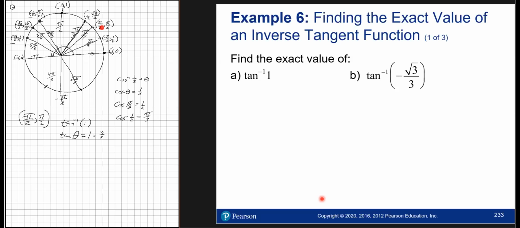Well, that's up here, because square root of 2 over 2 and square root of 2 over 2, when you divide them, you get 1 because you have the same number over itself. So tangent of pi over 4 equals 1. So that means that tangent inverse of 1 equals pi over 4 radians, or 45 degrees.